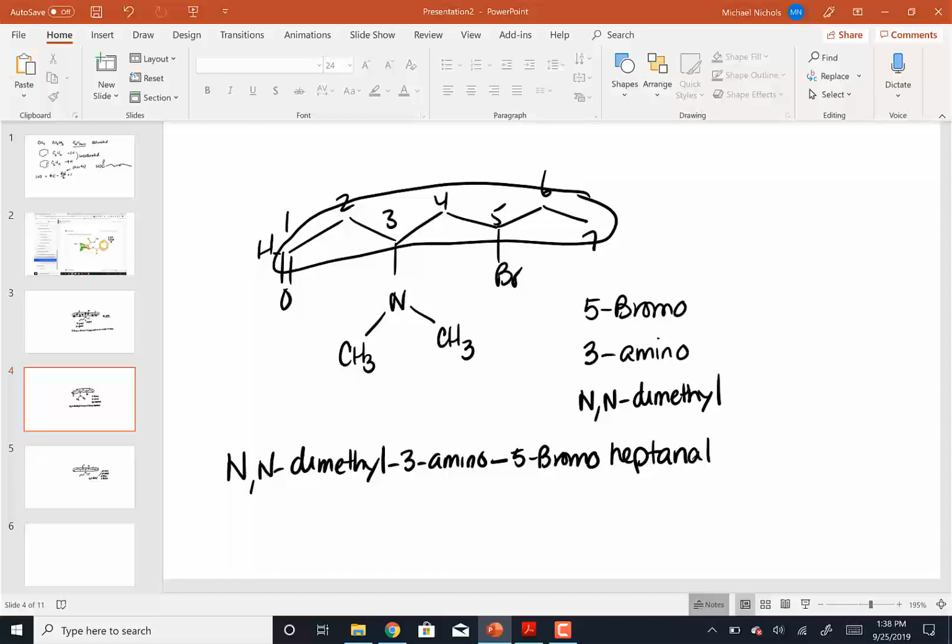So this one would be N,N-dimethyl, and then the amino, those groups are attached wherever the amine's attached. But if it's not a high priority group, the amine becomes amino.